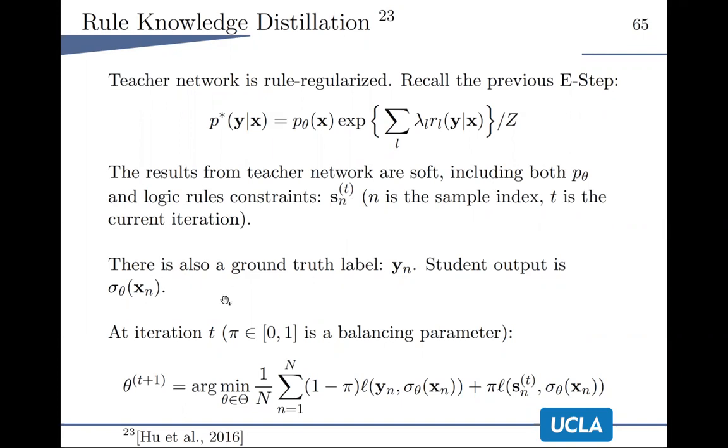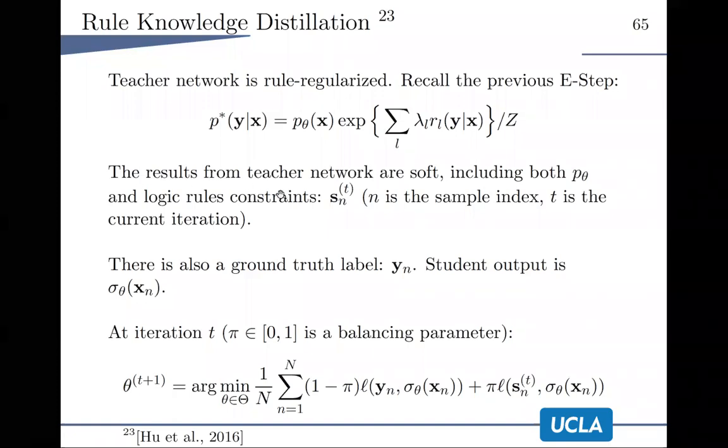There are of course some ground truth labels, because the student network learns from labeled data. The student output is sigma x.